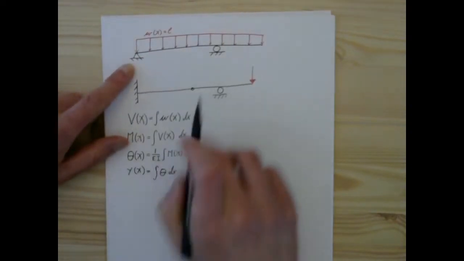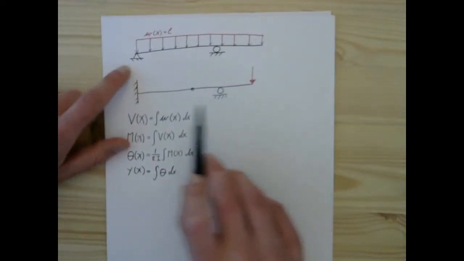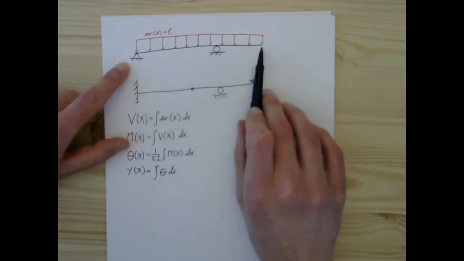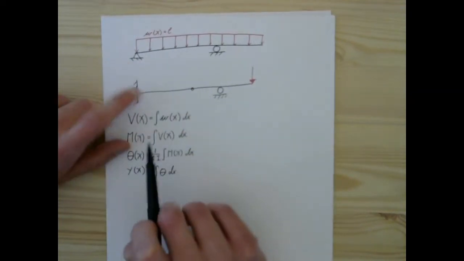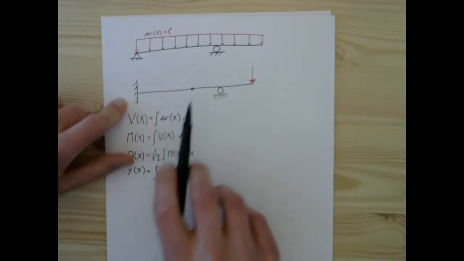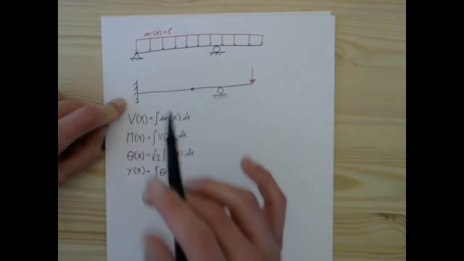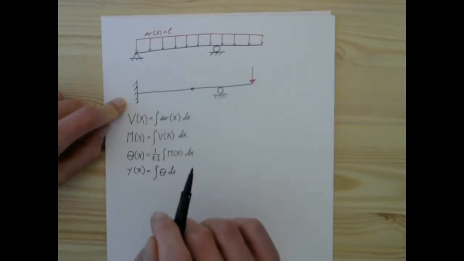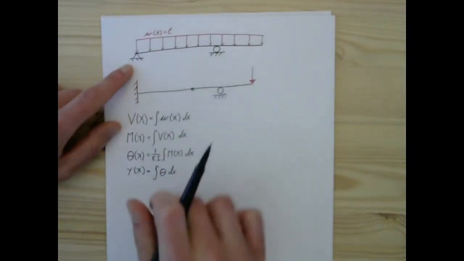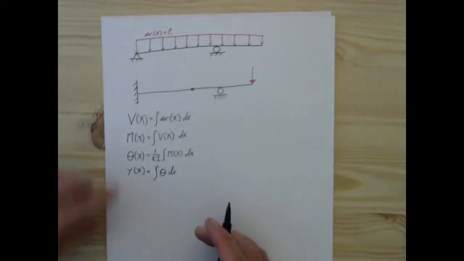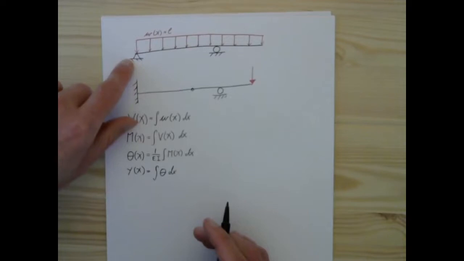So let's consider these 2 examples right here. They've got pins, hinges, and free ends and internal bits for us to think about. And let's not worry exactly about what in particular the values are, but let's look at these and look at what it more or less is going to look like, and consider our boundary conditions.